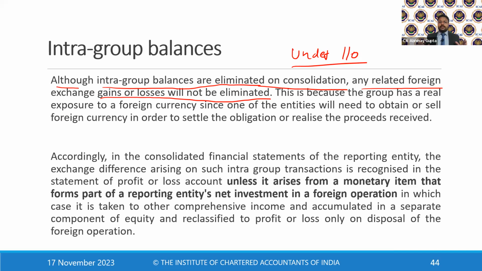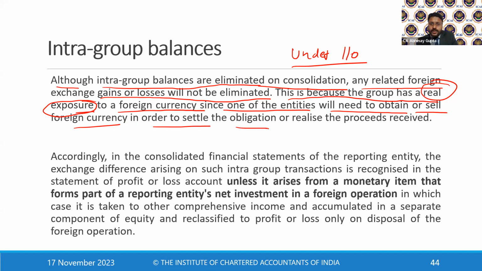That exposure to forex risk cannot be considered a part of elimination entries or adjustments while preparing the consolidated financial statements. So the standard is saying these exchange gains or losses on forex will not be eliminated. This is because the group has real exposure to the foreign currency, since one of the entities will need to obtain or sell foreign currency in order to settle the obligation or realize the proceeds received.